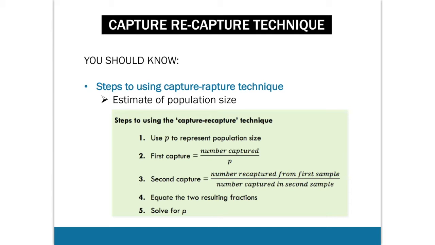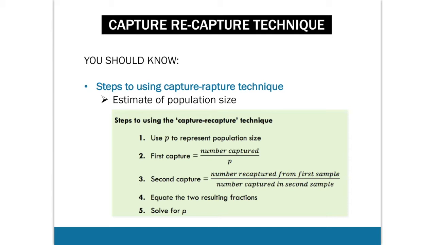In our first capture, we represent this by the number of things captured, or people captured, or fish captured, wherever we're capturing, over P, which is the population, which is what we're trying to find. And in the second capture, we write the number recaptured from the first sample over the number captured in the second sample. And then the fourth step is to equate the two resulting fractions and put them side by side, and then we solve for P.